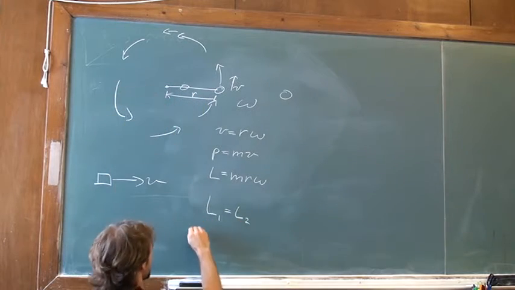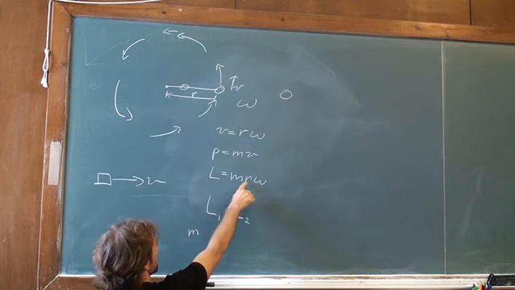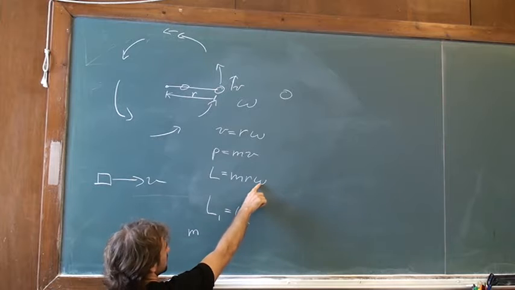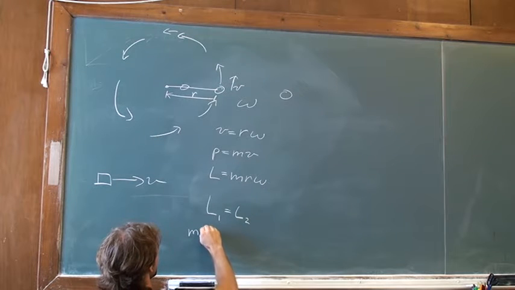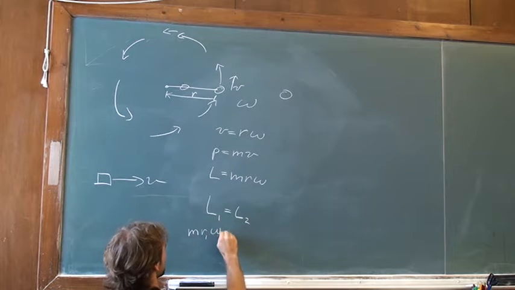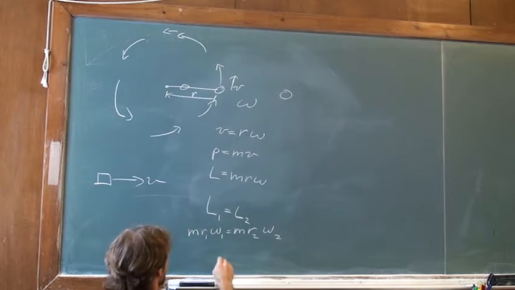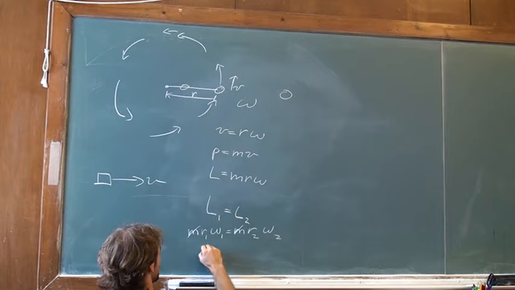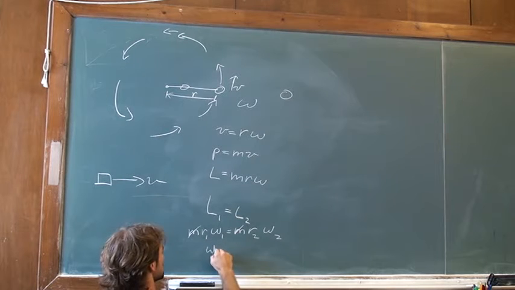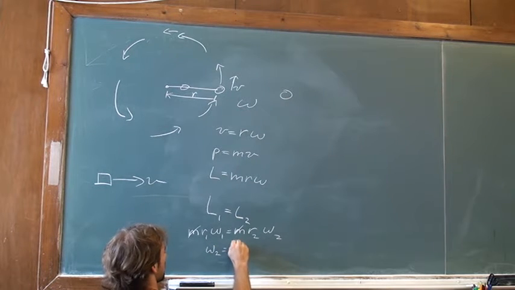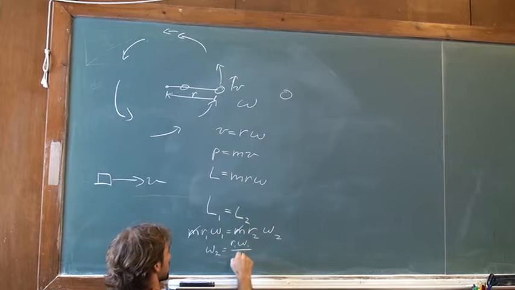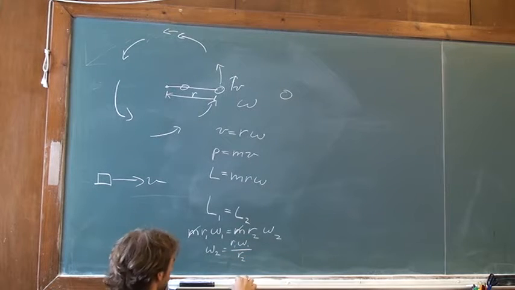Or, I'm not going to change my mass, but I want to change what r is. And consequently, omega is going to change. I'm going to have m r1 omega 1 equals m r2 omega 2. Or my omega 2 is going to be r1 omega 1 over r2.